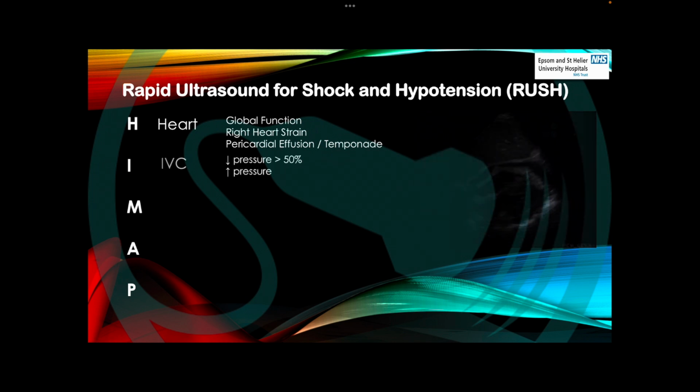If we go down to the I, which is the inferior vena cava, we are going to check 2 things. The first one is decreased pressure, and the second one is high pressure of the inferior vena cava.